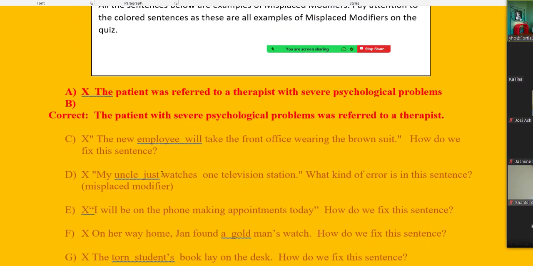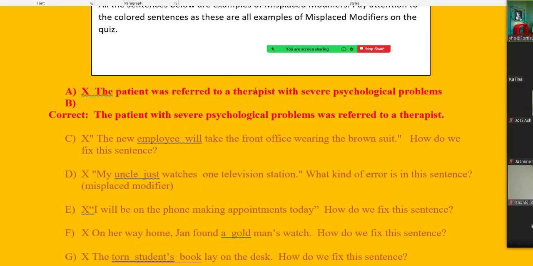And so here, the patient was referred to a therapist with severe psychological problems. Are you going to send your patient to a crazy doctor? Would you send your child to a crazy doctor, or a doctor who is sick and visibly coughing? Yes or no? No. So obviously, "with severe psychological problems" is in the wrong place.